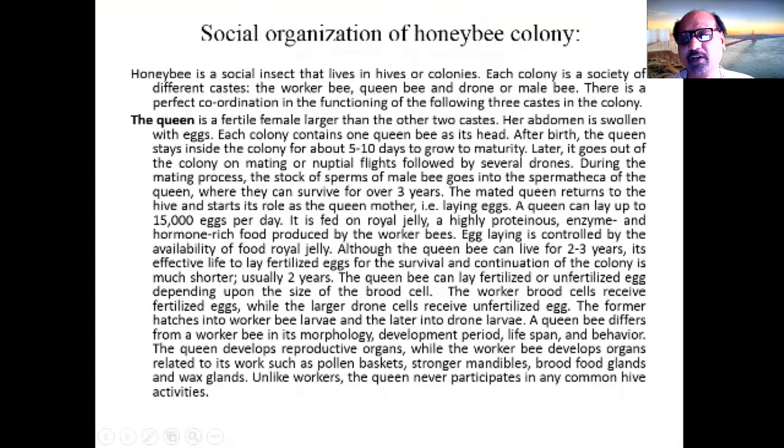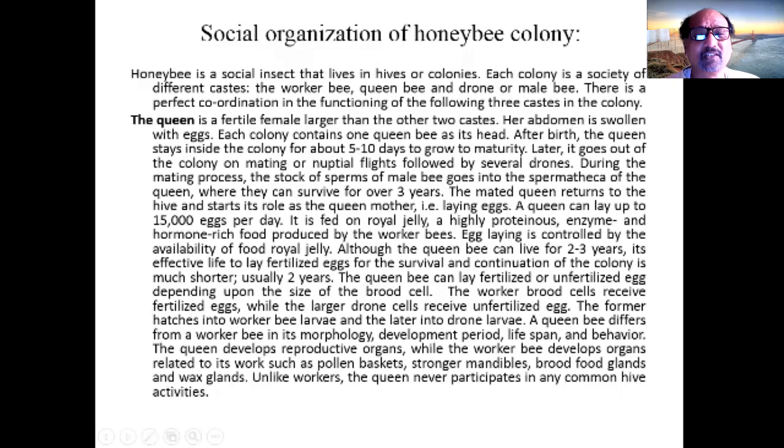Each colony is a society of different castes: the worker bee, queen bee, and the drone or male bee. Already we have explained their characteristics: the size and role of the queen, the size and role of the drone, then the shape and size of the worker bee, its particular structural characteristics and adaptive characteristics.